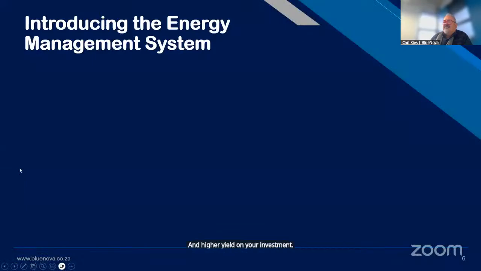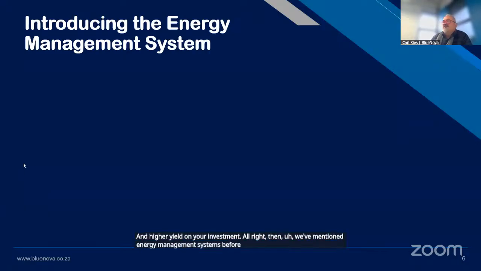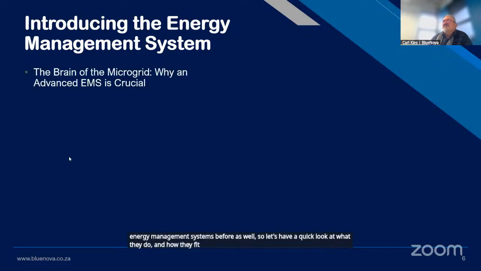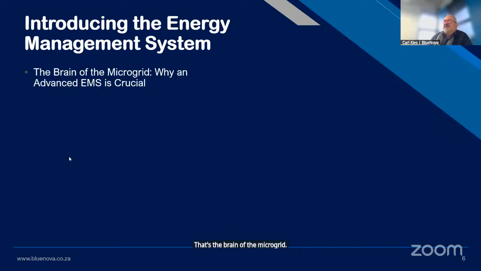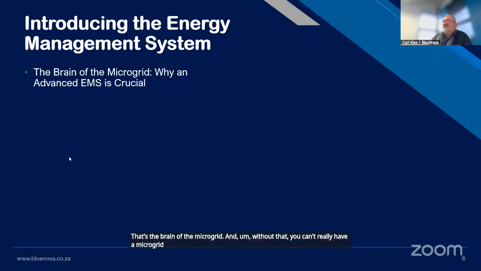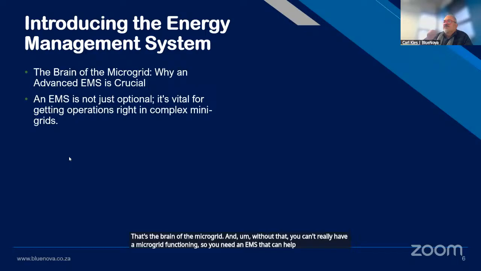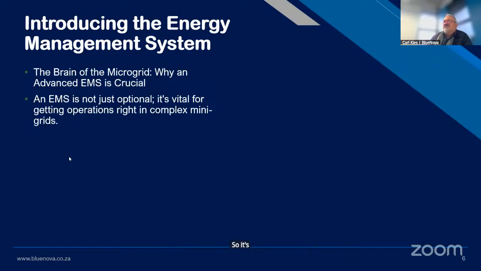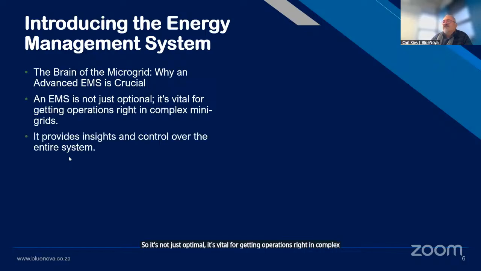All right, then we've mentioned energy management systems before as well. So let's have a quick look at what they do and how they fit in with the BMS. That's the brain of the microgrid. And without that, you can't really have a microgrid functioning. So you need an EMS that can help you manage this. It's not just optimal, it's vital for getting operations right in complex mini grids.